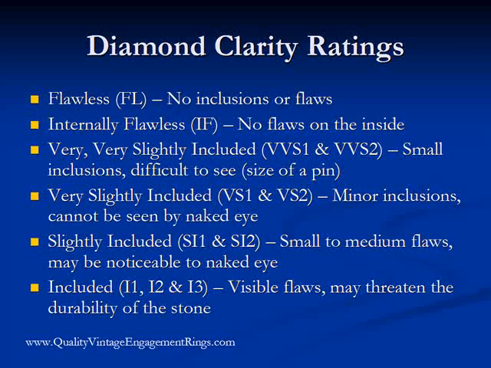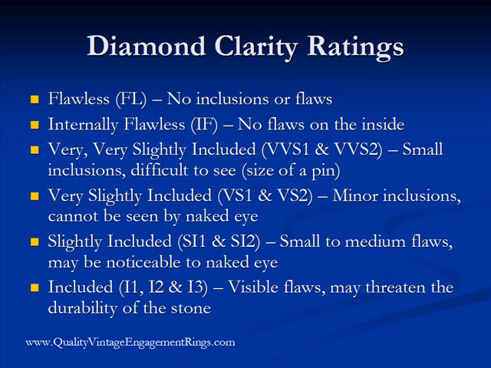And then the last level is called the included level, and there are actually 3 levels within the included rating. There's I1, I2, and I3. The included stones have visible flaws, and if you start to get down to the I3, the lower level of this rating, some of those flaws may threaten the durability of the stone.